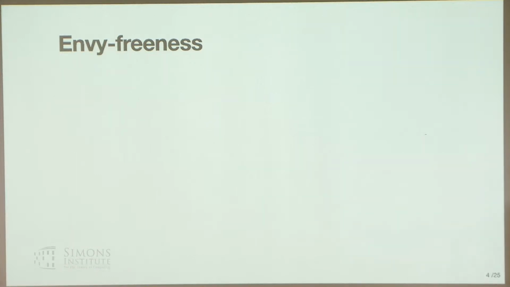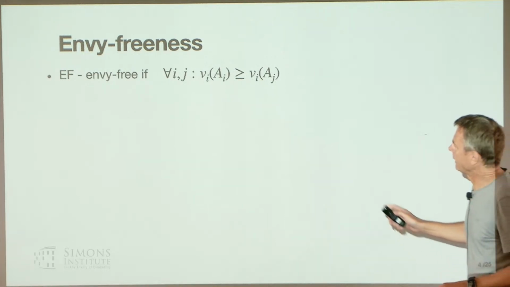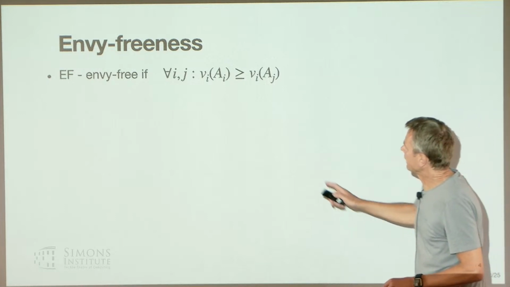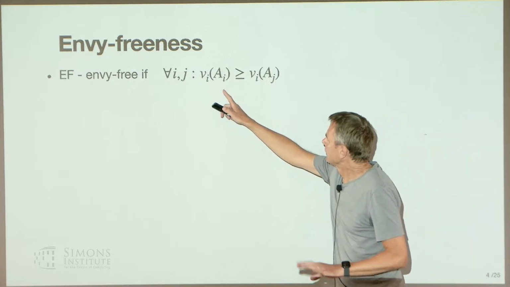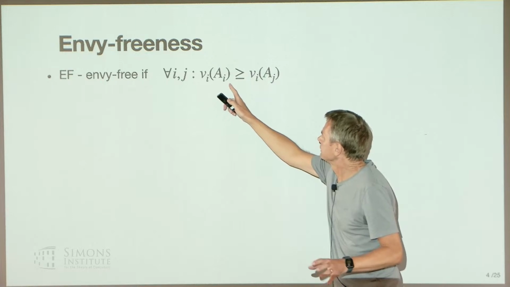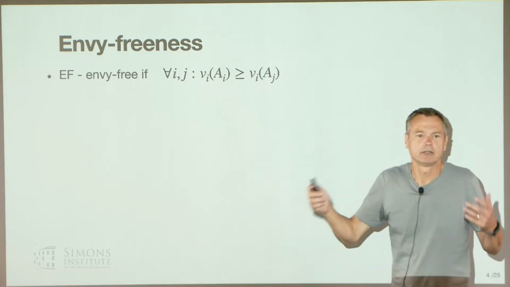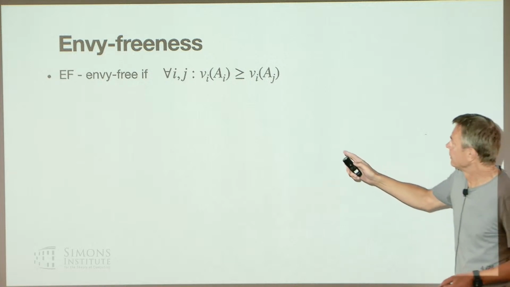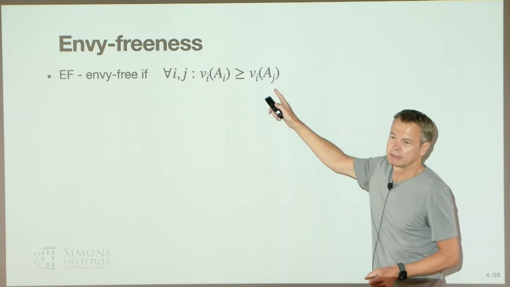Okay, then envy-freeness. Envy-freeness is defined as: for any two agents i and j, agent i prefers the goods he or she receives at least as much as the goods received by agent j.